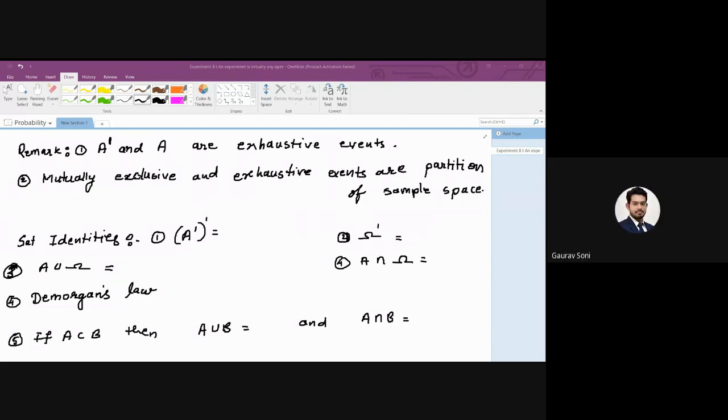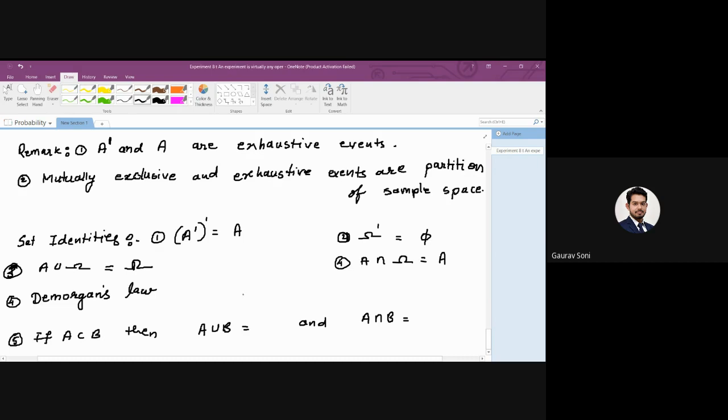Fourth one, A intersection sigma is A. Now, by the time you think about De Morgan's law, I'll write this down. A intersection A complement is phi, A union sigma is sigma, A intersection sigma is A.